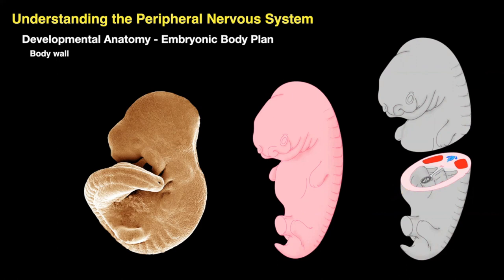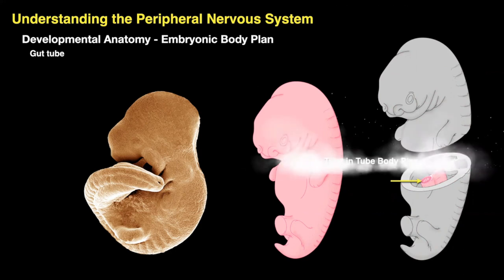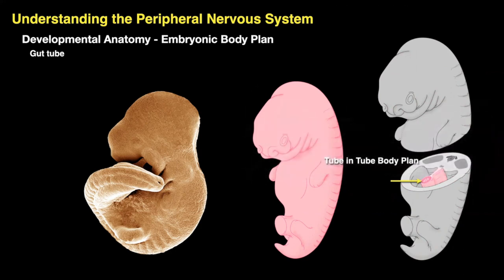Okay, that body wall surrounds a body cavity. That body cavity supports and suspends within it a gut tube. So what we see, and this is true of the vertebrate body from its embryonic beginnings to its adult form, is the tube and tube body plan of vertebrates.